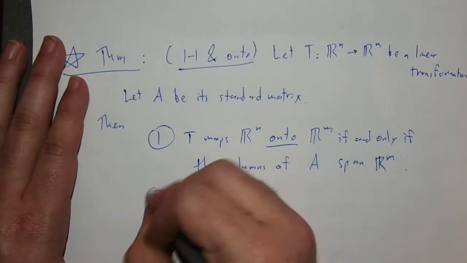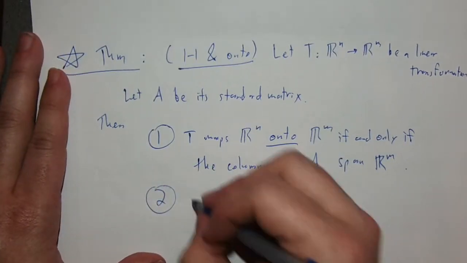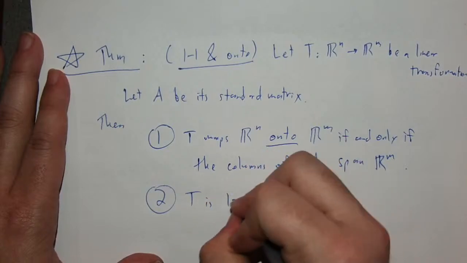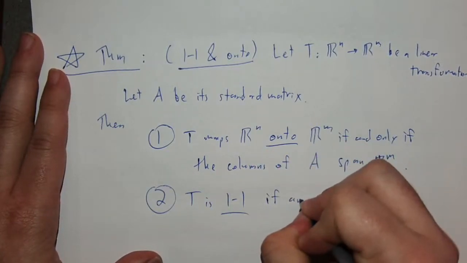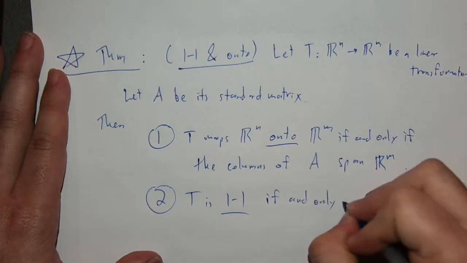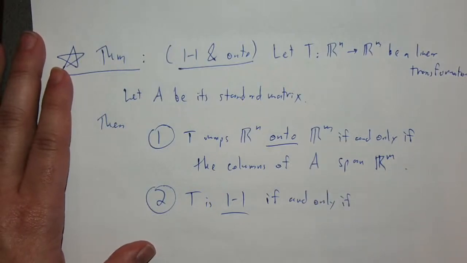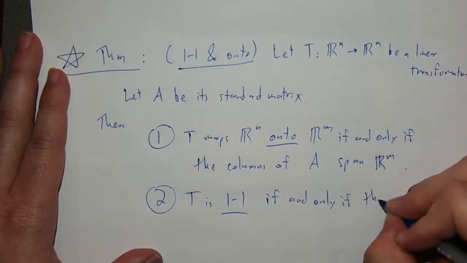And secondly, T is 1-to-1 if and only if the columns of A are linearly independent.